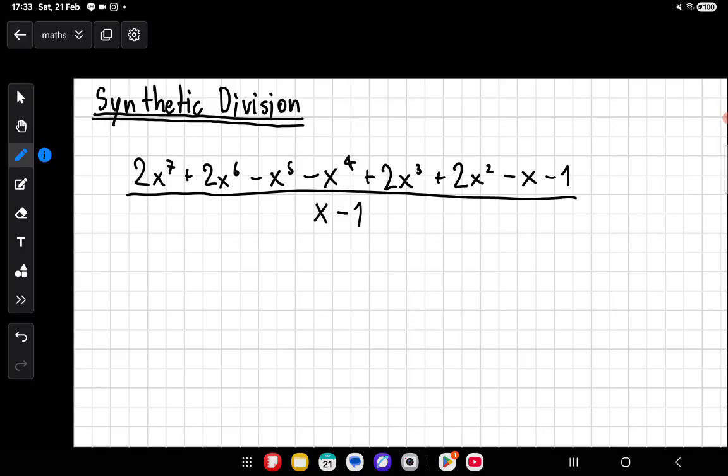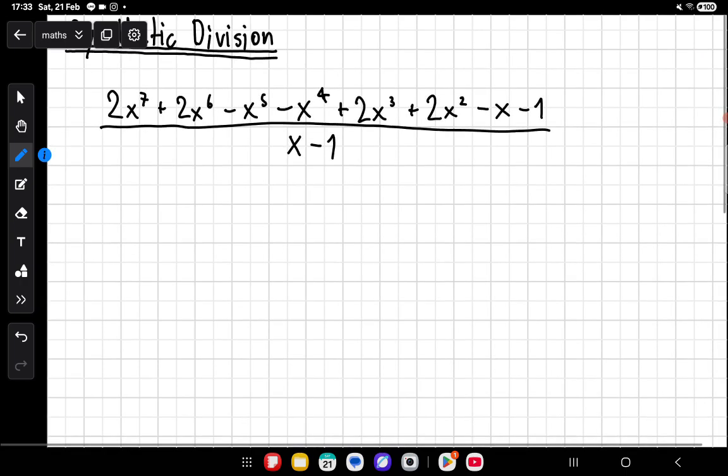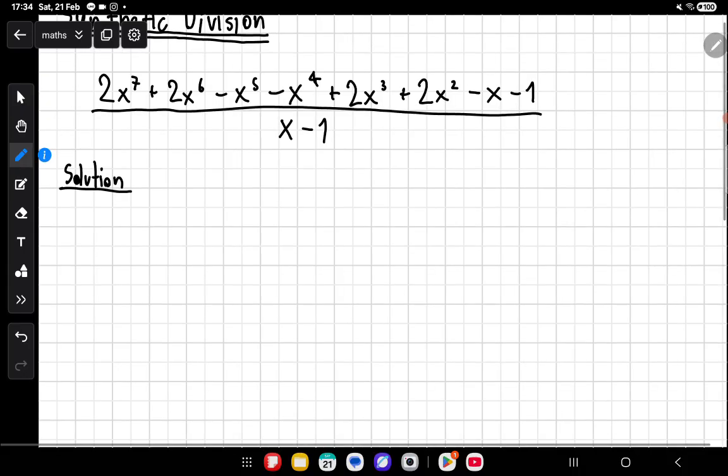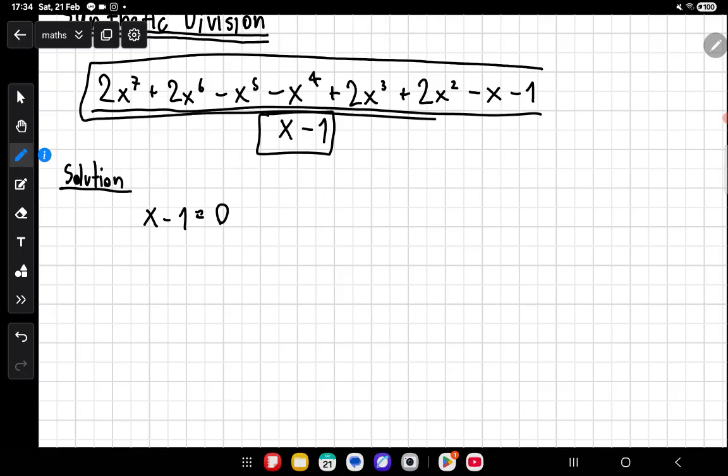Okay, if you've paused the video and gotten your solution and your answer, let's see if it's correct. So, we've learned that we need to start off by assuming x minus 1 equals 0. In this case, it's the polynomial that we're using to divide this really large polynomial, right?